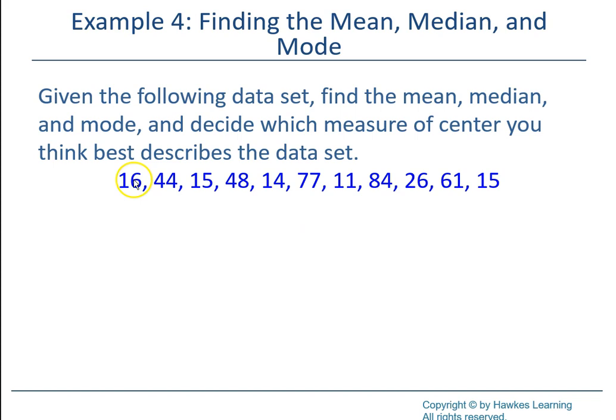Now, how many items of data? 1, 2, 3, 4, 5, 6, 7, 8, 9, 10, 11. Okay, now we're just going to average these up, add them all up, divide by 11. That will give you the mean.